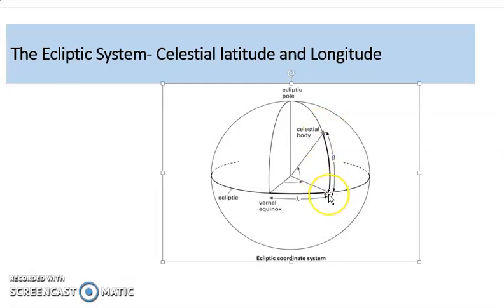This is the foot on the ecliptic, and as in the previous case, we can draw an angle beta from the foot to the star, and another angle we can measure from the vernal equinox or the first point of Aries to this foot of the great circle, which is measured as lambda. This beta and lambda are the celestial latitude and celestial longitude of the ecliptic system.